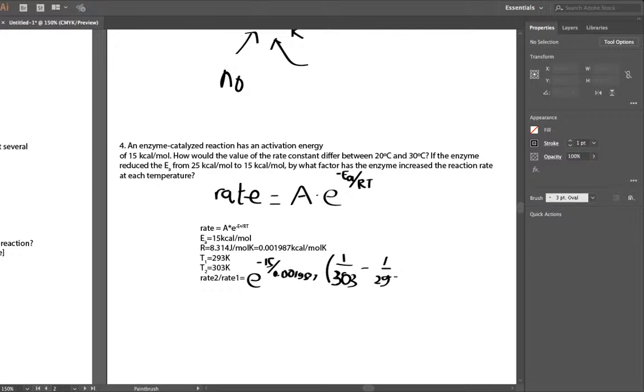How did I get this? That's basically the exponential rule. So the ratio would be, let's see, wait.